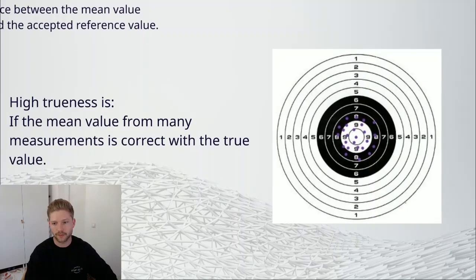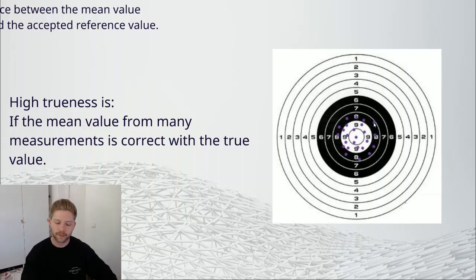I will also explain this in more detail. Again, each purple point is a measurement, and you see that we are close to the 10. So we have a good trueness, and the values correspond with the true value. But the precision is not that good: we have some purple points right at the 10, but we also have some at 8 and 7.